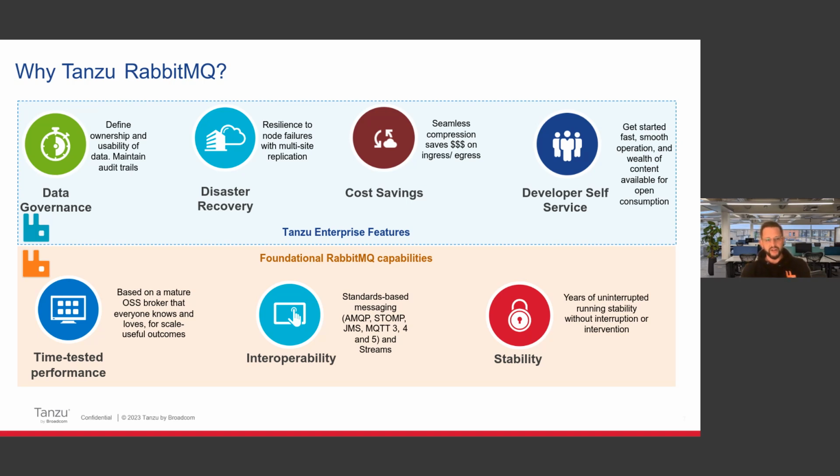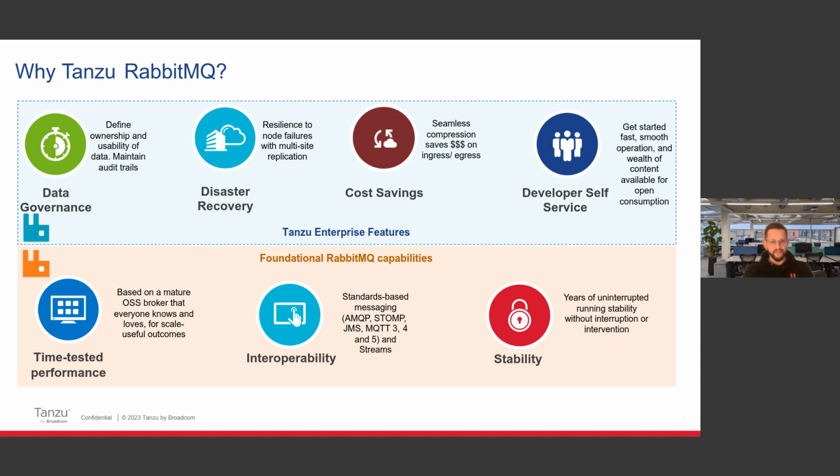It's also highly interoperable. As I mentioned, there are multiple different messaging standards that are supported. We've just recently added MQTT5 to the list. And we also have streaming capabilities as well. Previously, RabbitMQ just had messaging, but for the last few years, we've had stream semantics too, which we can go through. It's also highly stable.